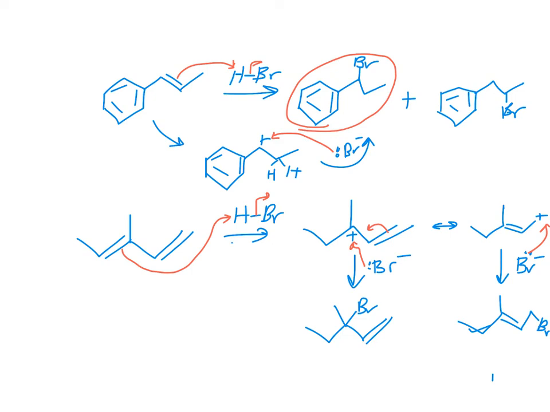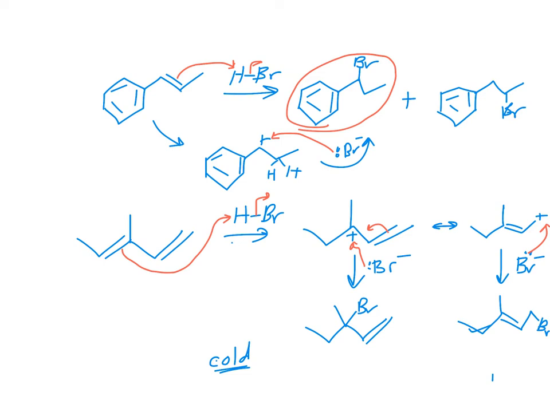Okay, so let's say that we do this under cold conditions. All right, so would that be thermodynamic or kinetically controlled? Kinetically controlled. So which of the two products should be the major product? The one on the left, right? And why is that? Right, because this is the 1,2 addition.